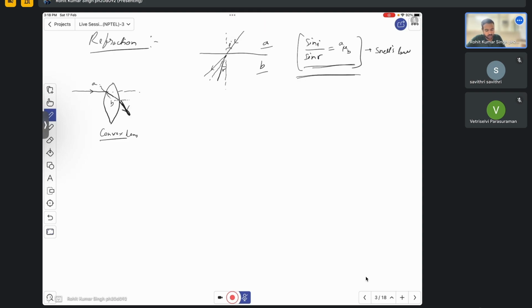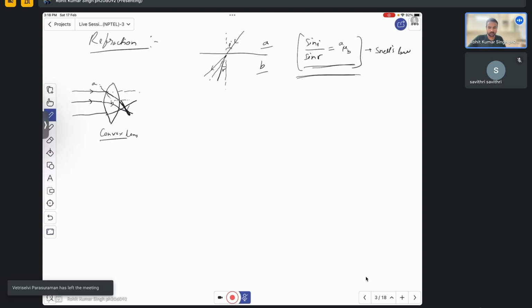So what this lens is doing is focusing the light rays. Suppose another light ray comes like this, it will also bend like this. Here a light ray coming like this will bend like this, right? So this is what happens in the case of the convex lens. It converges the light rays.